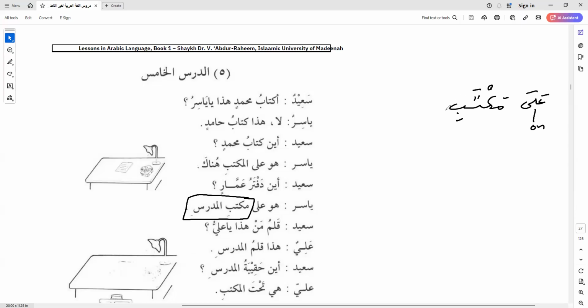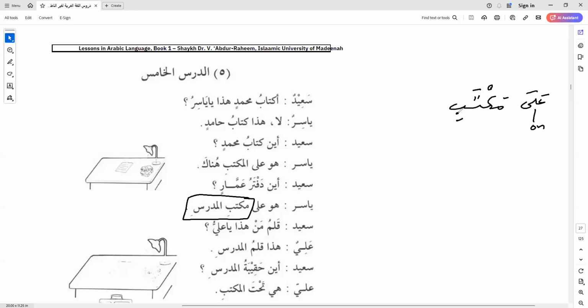Ala al-maktabi. So that's why I said that the object of possession always has a dynamic vowel in the end. It depends on the role or what is acting on it. And here, what is acting on the maktab is ala, a preposition.